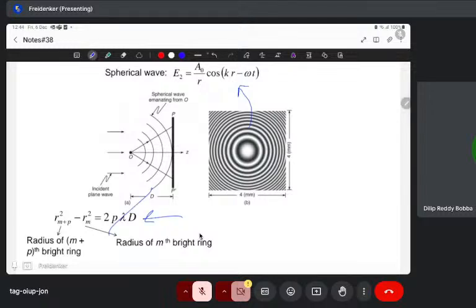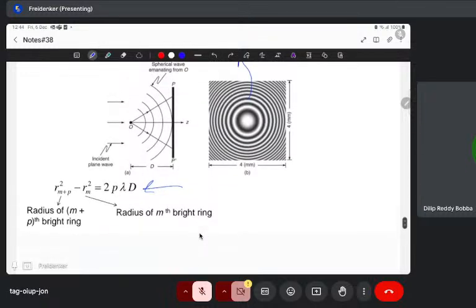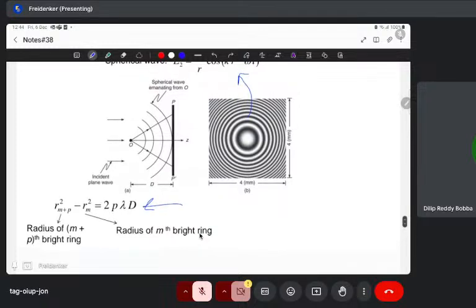Okay. Perfect. Radius of M plus pth bright ring. M and P. What are M and P? Okay, they're just numbers. I think that's fine. D is this. Okay, fine.